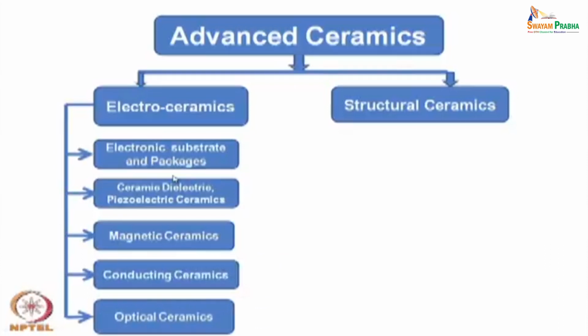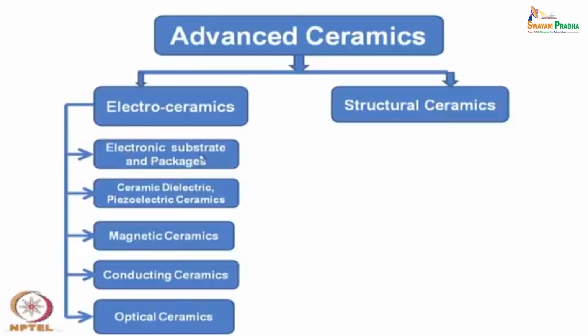For example, you have electronic substrates and packages. These are basically insulating materials, pure oxides, and they can be formed in thin sheet form, or different other fabrication techniques can be used to form different shapes. We will discuss them at a later stage.